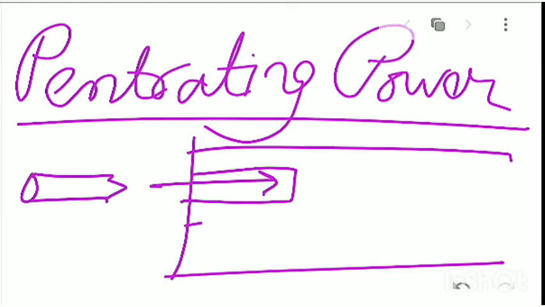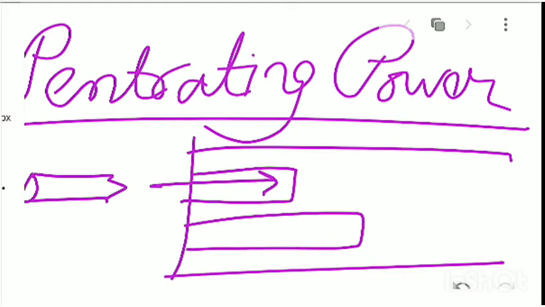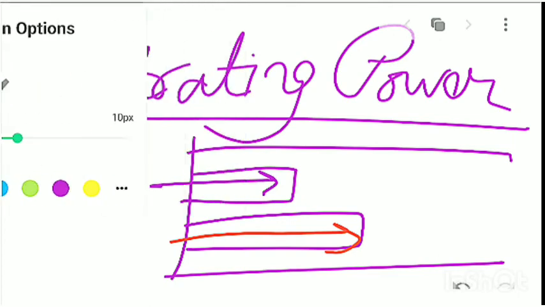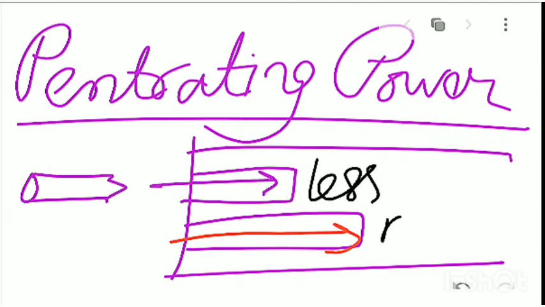How much damage can it create? If that bullet can enter a large distance, we say its penetrating power is more. And if it can go only a smaller distance, we say its penetrating power is less. So penetrating power means how deep it can go.